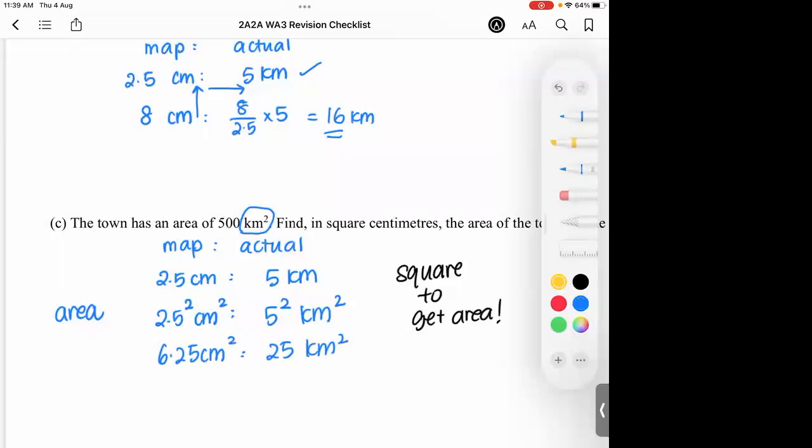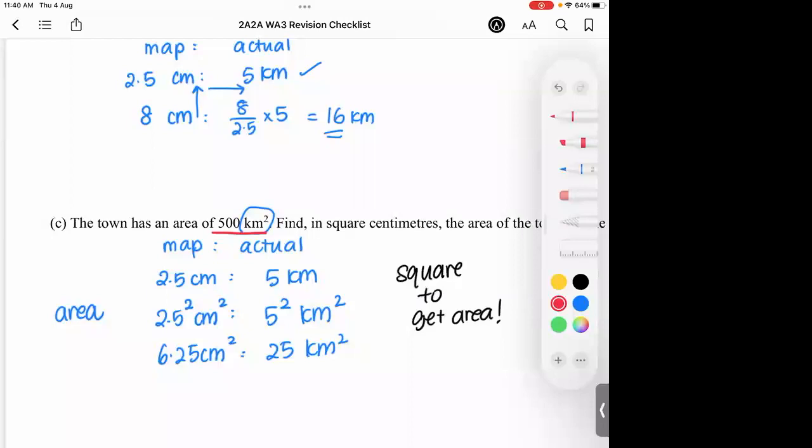Now the information here, 500 kilometers square. This is the information, right? Didi, can you tell me this 500 kilometers square is under the map or the actual? Didi, are you there? Hello?